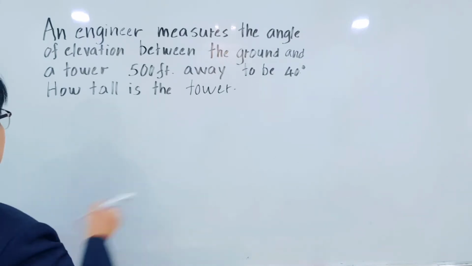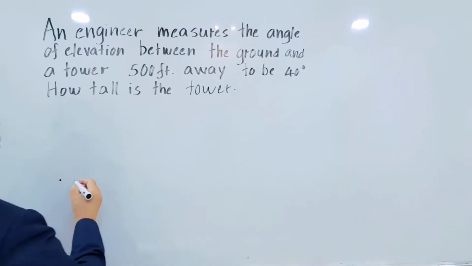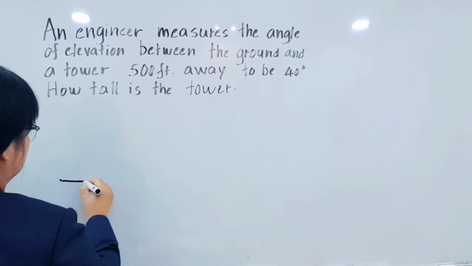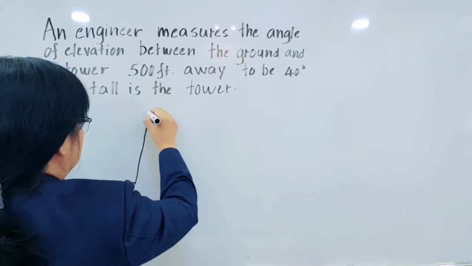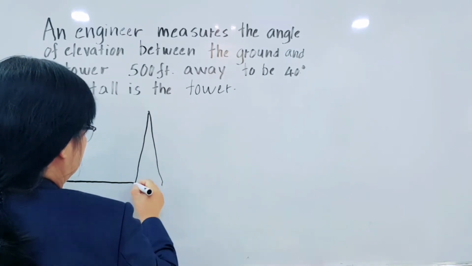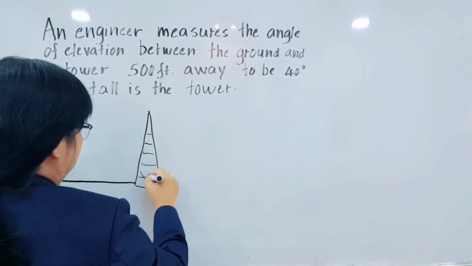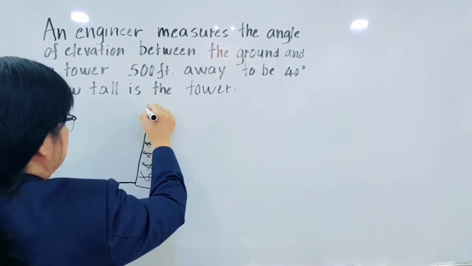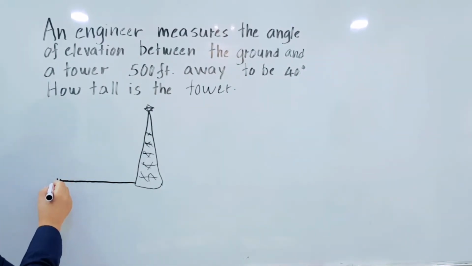So, if the engineer measures an angle of 40 degrees, and this is the tower, for example, and this is the point where it is 500 feet away from the tower.